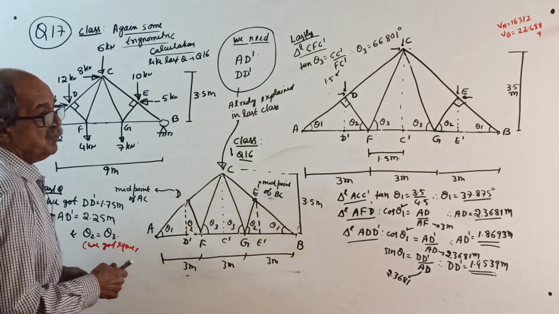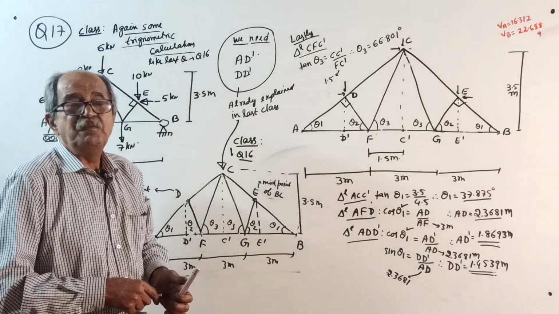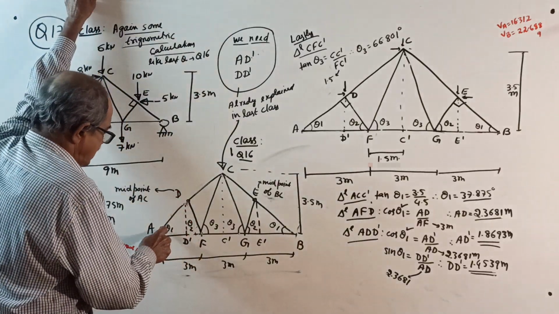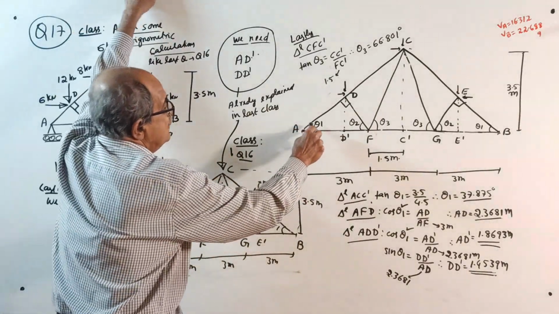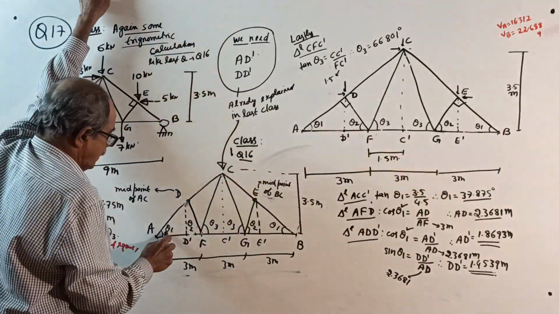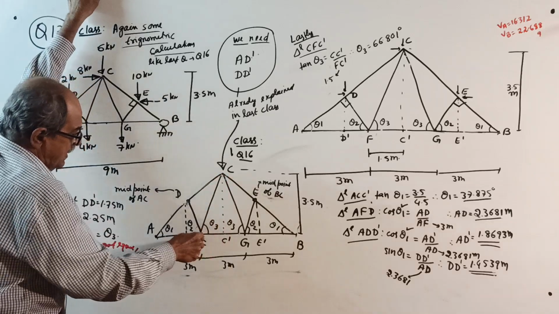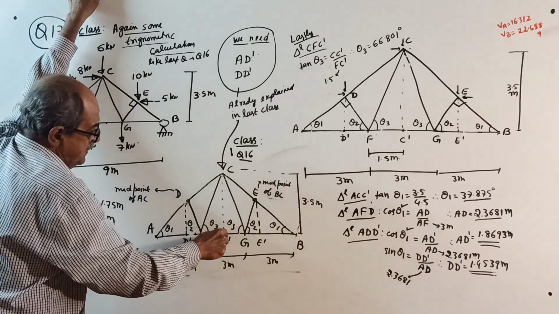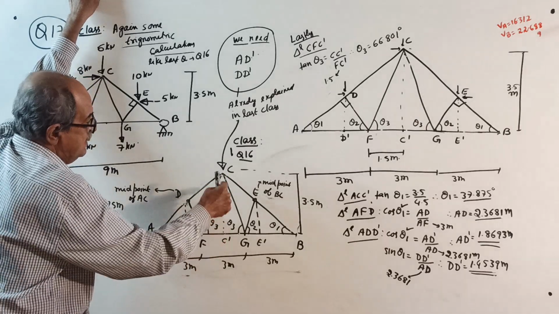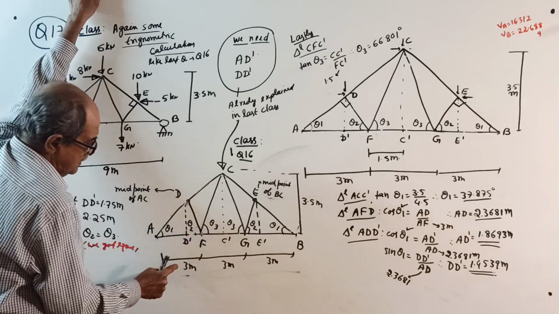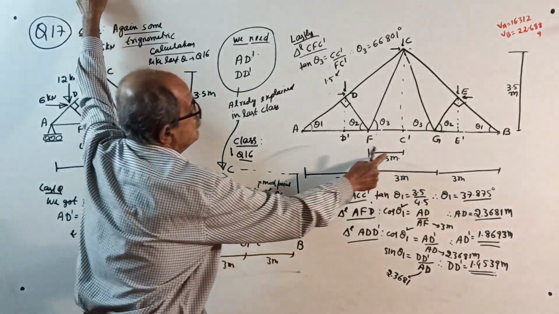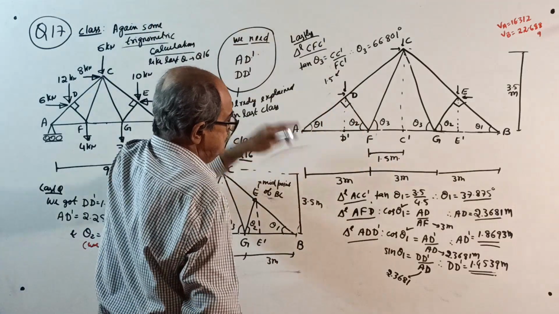Now later, for method of joints, you require theta 1 here and here also. To get theta 1, use the full triangle: CC dash divided by AC dash. CC dash is 3.5. A to C dash is 3 plus another 1.5. So for theta 1, there is no problem.